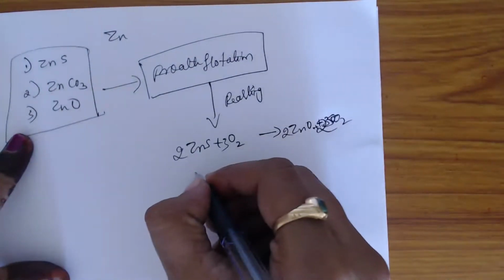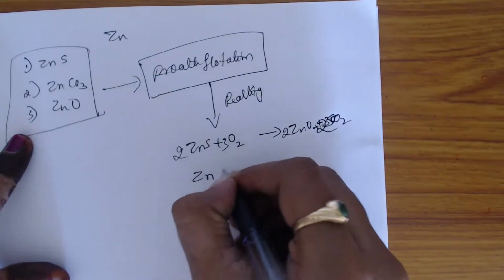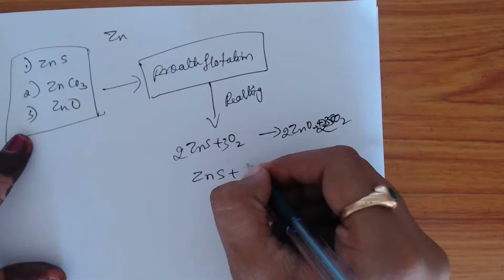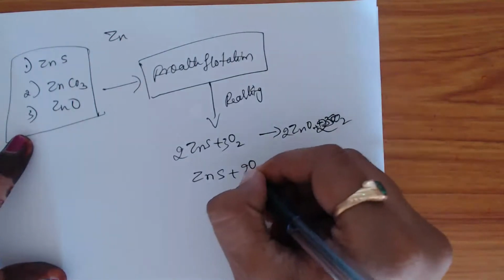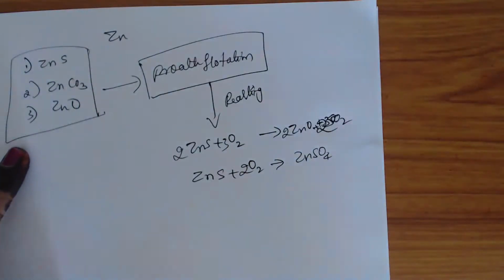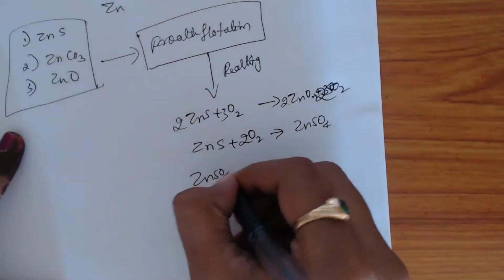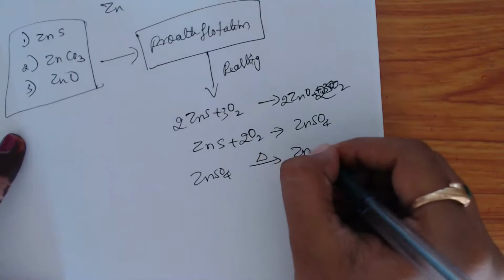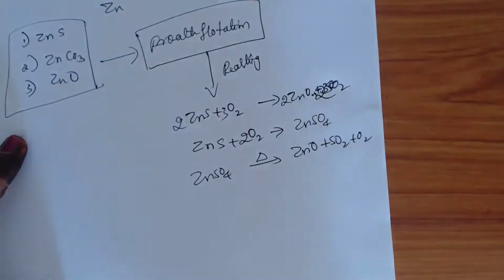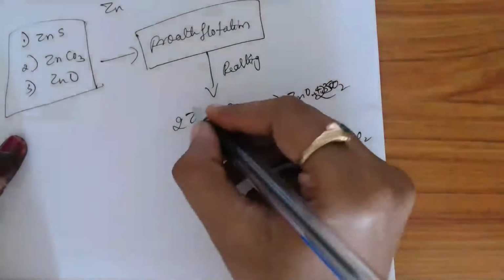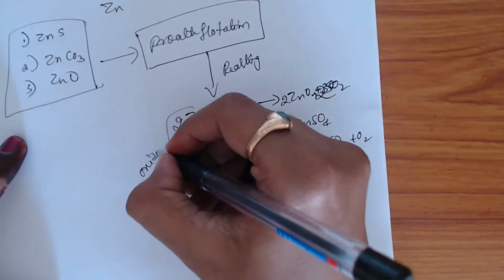If ZnS is treated with O2, it gives ZnSO4. ZnSO4 upon heating decomposes to ZnO plus SO2 plus O2. This is the way the roasting takes place. So this is oxidation.